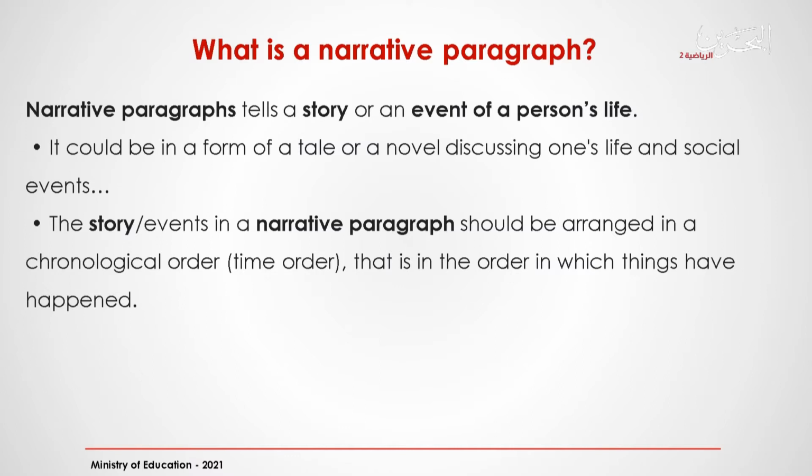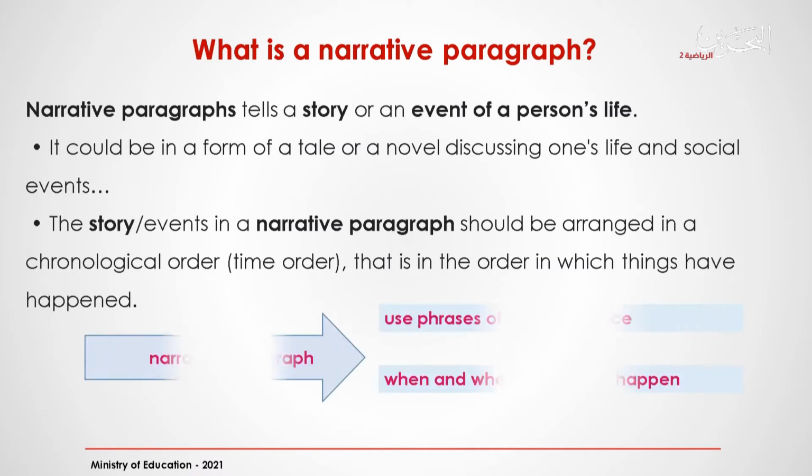It could be in the form of a tale or a novel, discussing one's life and social events. The story or events in a narrative paragraph should be arranged in chronological order, meaning time order. That is, in the order in which things have happened.